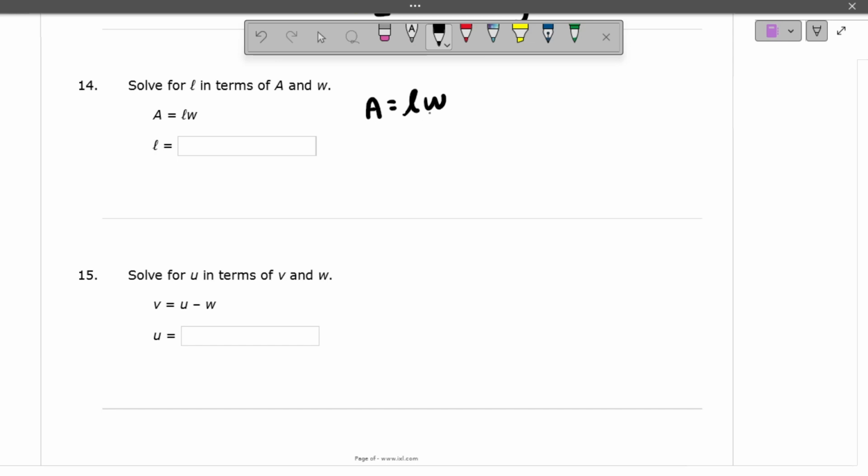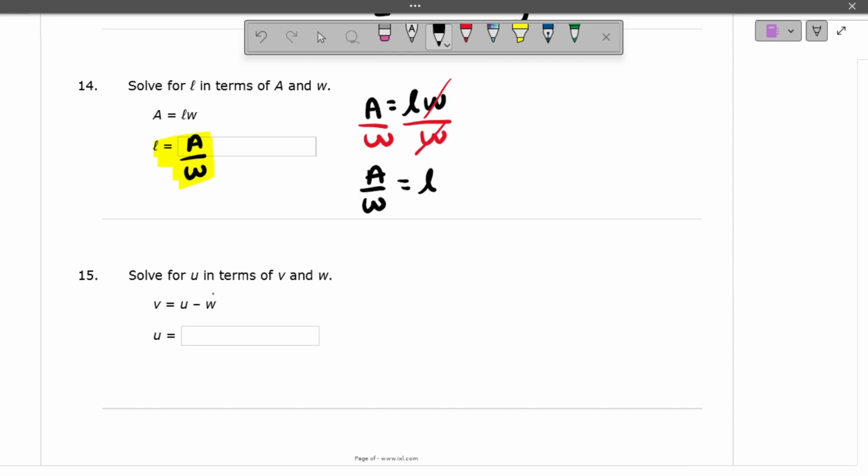So whenever something is multiplying by something else and we want to get rid of it, we do the opposite, which in this case is divide. Divide by W. So we can get rid of those W's, and then we have A over W is equal to L, which is exactly what our answer is. And then that's it.